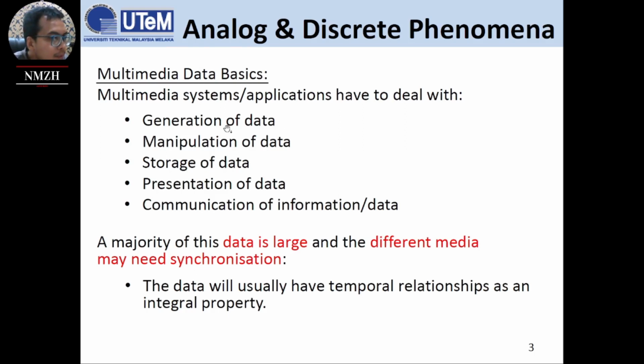The multimedia system application has to deal with, first thing first, how to generate the data itself from nothing, and if we have the data in our hands, how we manipulate the data. It means we change the original shape of the data itself, for example from analog to digital.